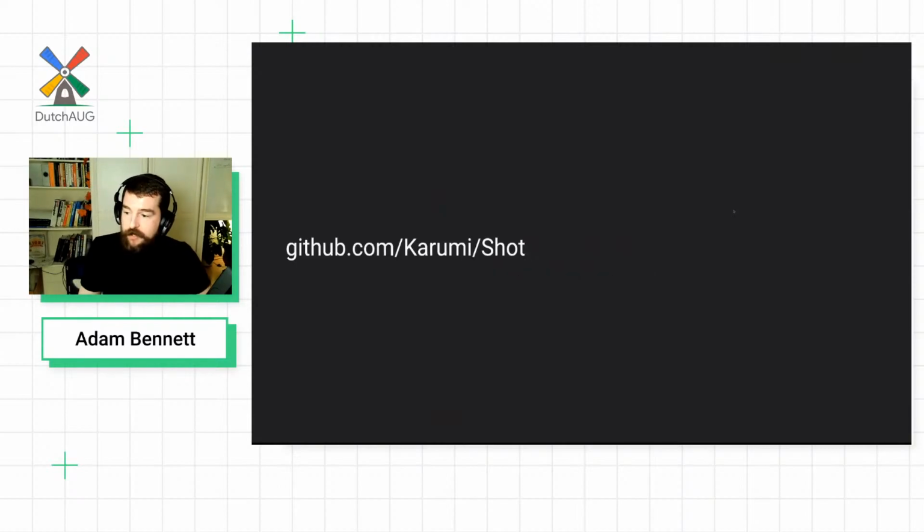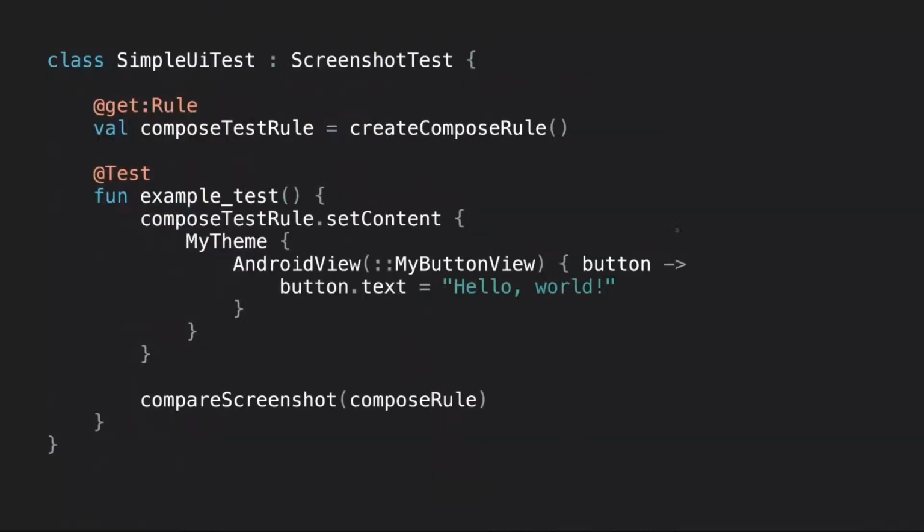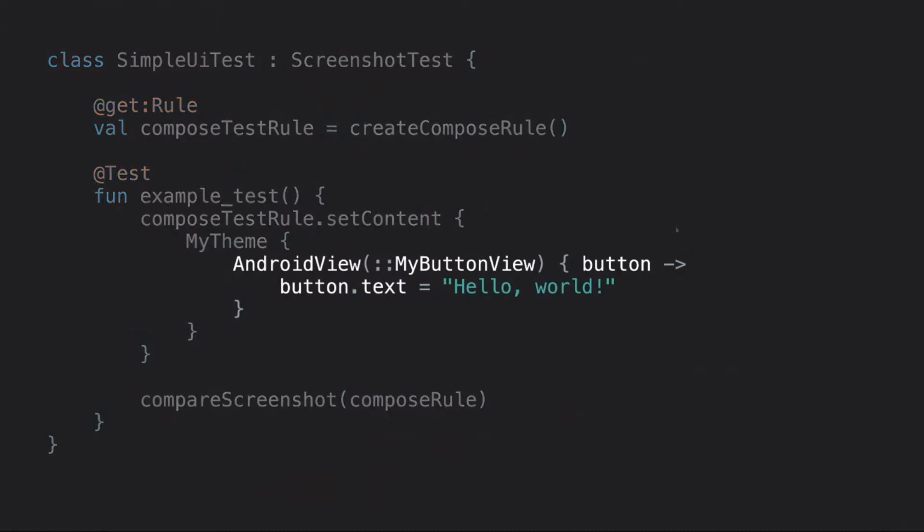There is a library for this called Shot by a company called Karumi, and it enables pretty easy screenshot testing. And it looks a little bit like this. You extend ScreenshotTest, and you've got your Compose test rule there. The Compose interop using AndroidView is actually so good that you're able to use Compose to create a test harness around your legacy design system, around your legacy views.